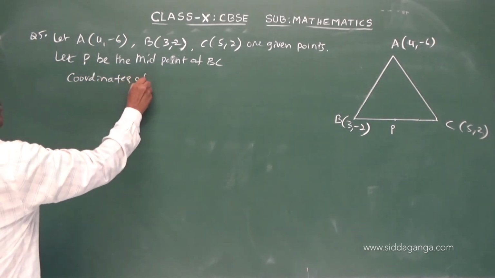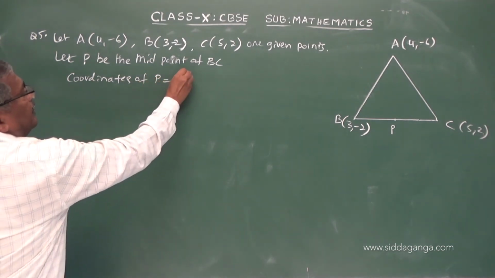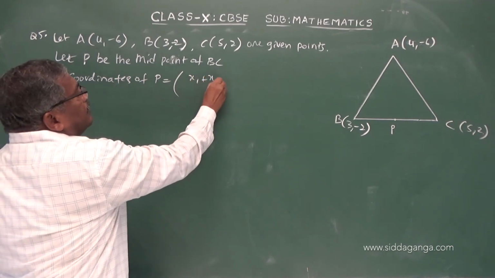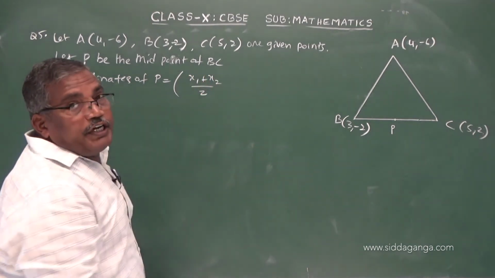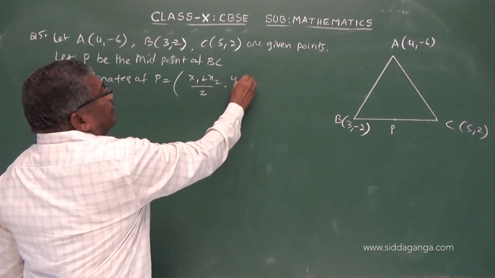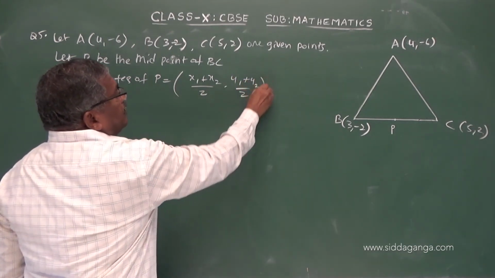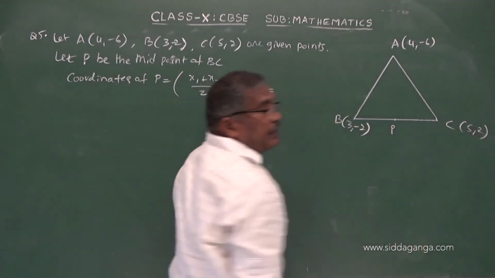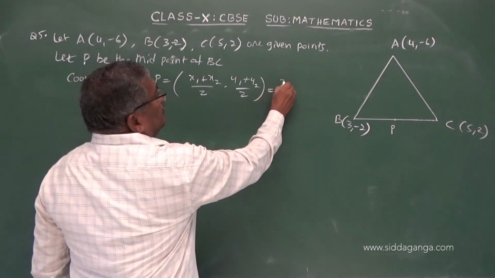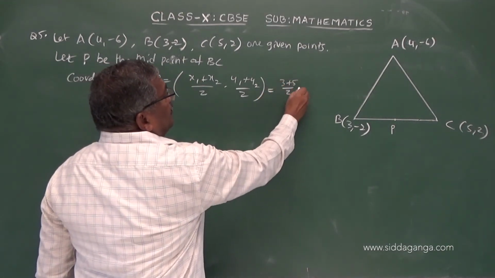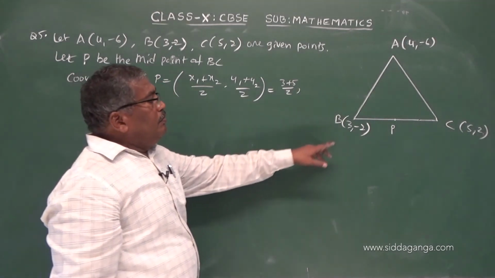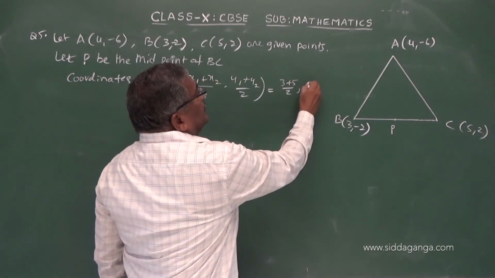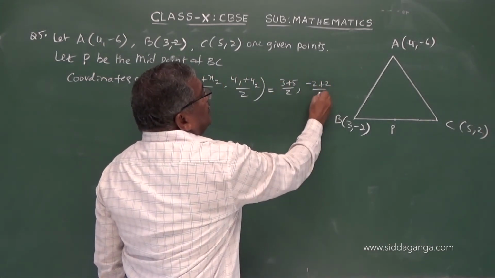The coordinates of P will be (x1 plus x2) divided by 2, because it is the midpoint, and (y1 plus y2) divided by 2. So here it is (3 plus 5) divided by 2, and (minus 2 plus 2) divided by 2.